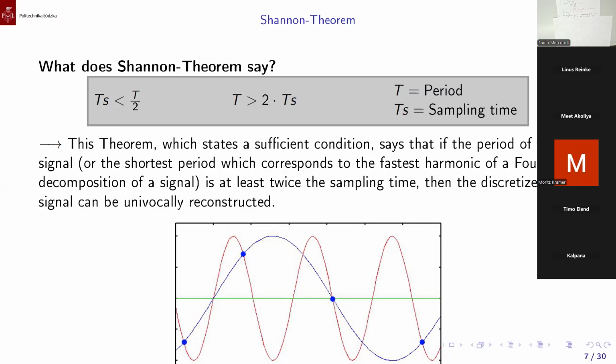Or equivalently, T, which is the period of the approximating function, larger than 2 times Ts. This means for each period T, I have to consider at least more than 2 points.